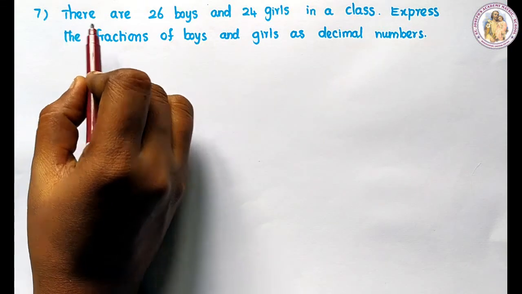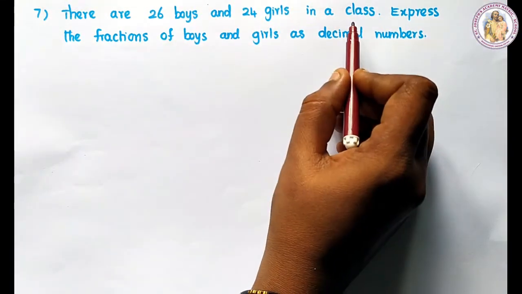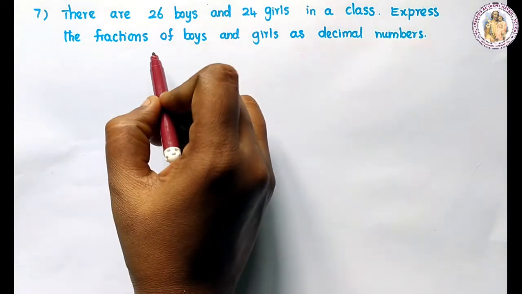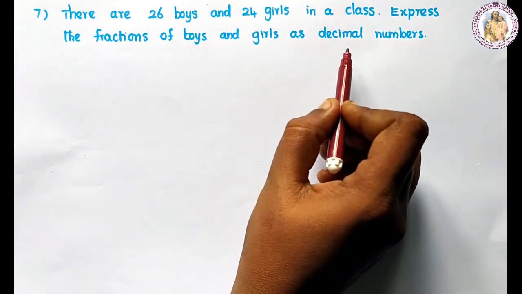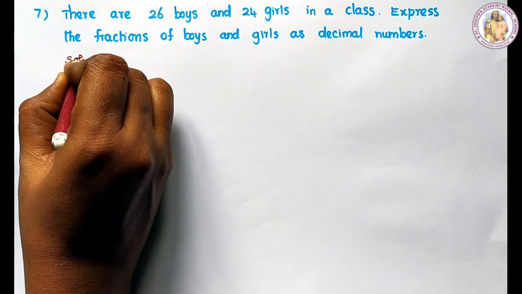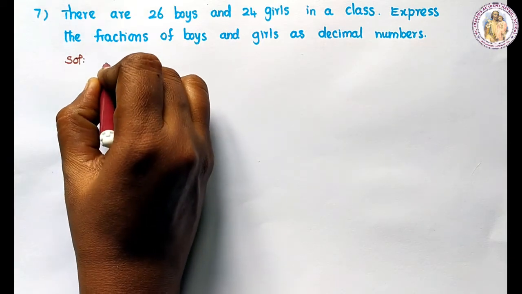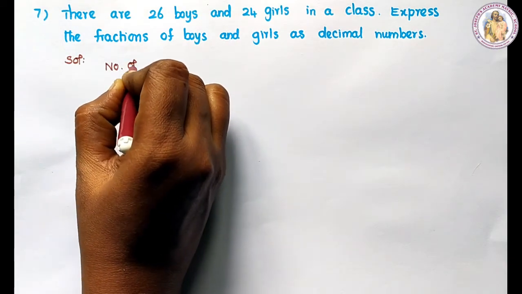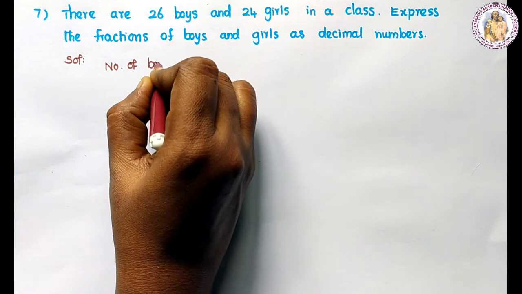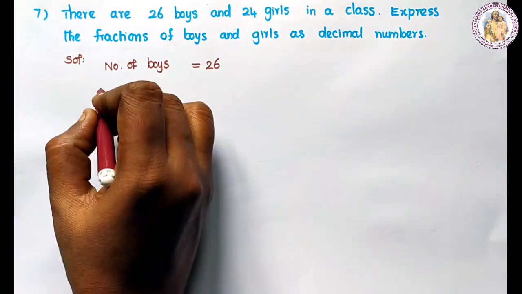Seventh sum. There are 26 boys and 24 girls in a class. Express the fraction of boys and girls as decimal numbers. Listen. First thing, you have to write the number of boys equal to 26.